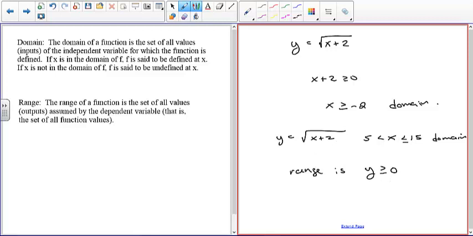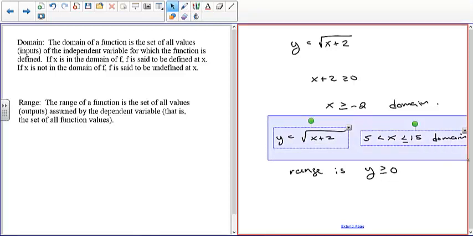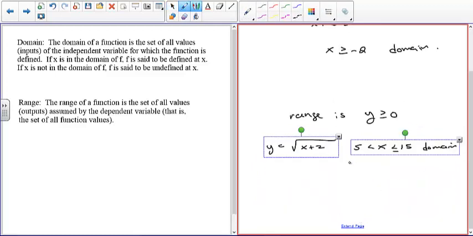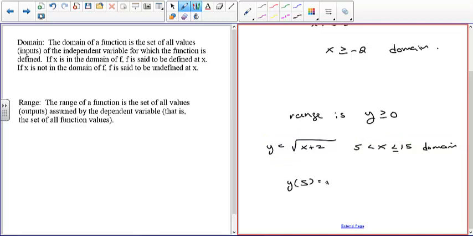So for this second example, what you would do is plug in these numbers. So you'd say y of 5 is the square root of 5 plus 2, which is the square root of 7, and y of 15 would be the square root of 15 plus 2, which is 17, square root of 17.